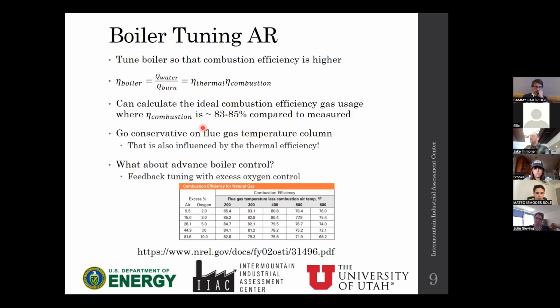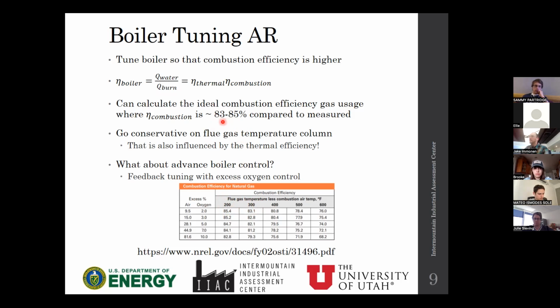One note I have here, and someone can correct me if I'm wrong, is that generally we want to go into the column of 300 degrees Fahrenheit, because if you have really high thermal efficiencies, you're going to have lower flue gas temperatures because all the heat is going into the water. For some boilers, you're never going to be able to reach the 200 degrees Fahrenheit column because of your thermal efficiency.